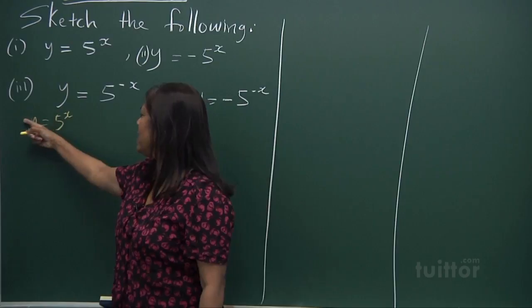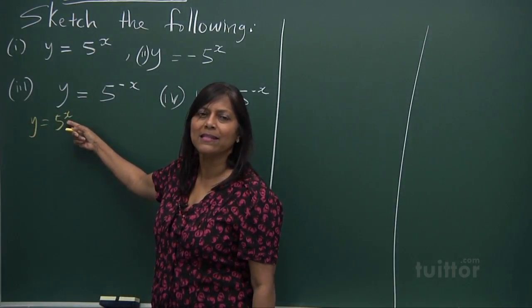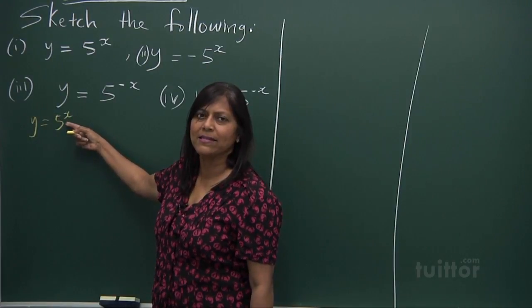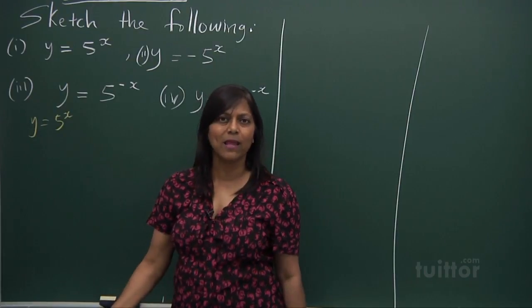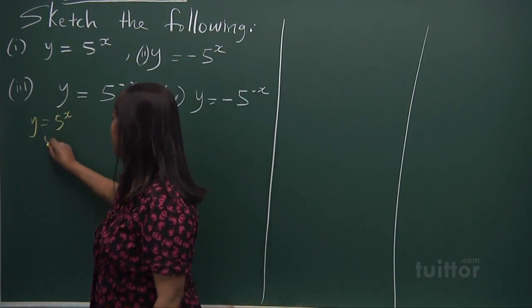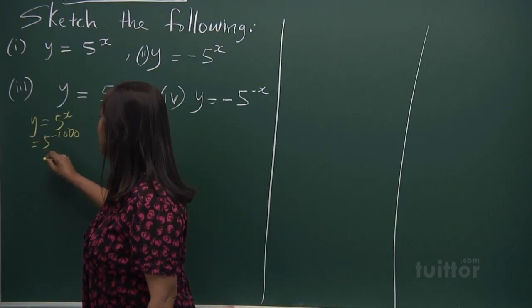So no matter how big the negative number is, if x is minus 1000, 5 to the power of minus 1000 will still be a positive number.